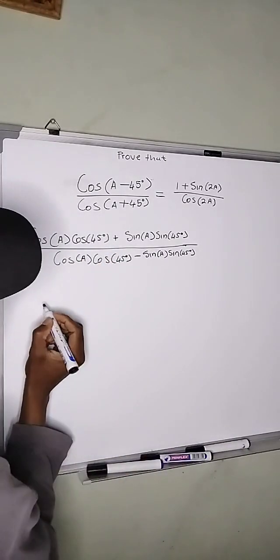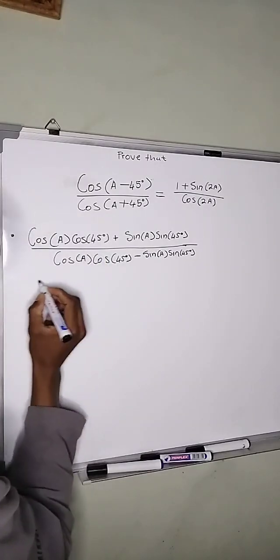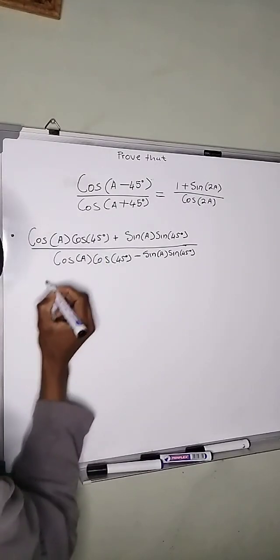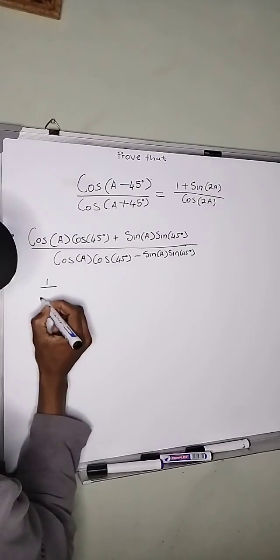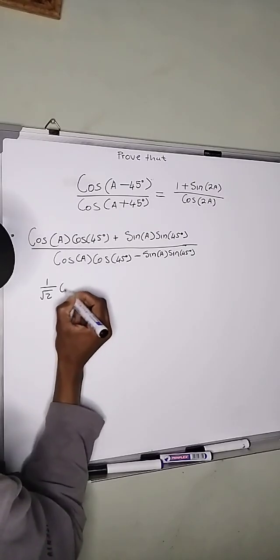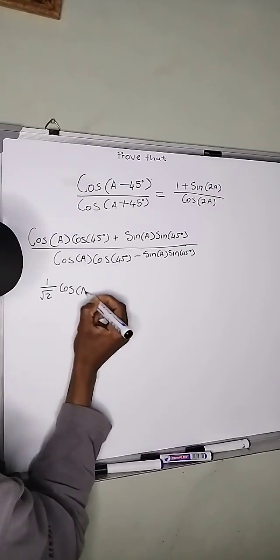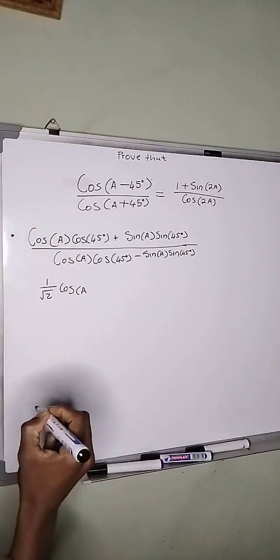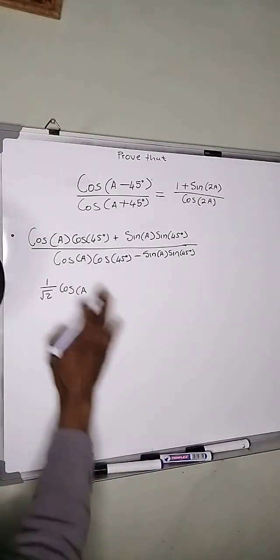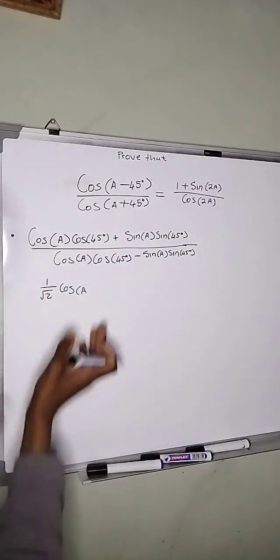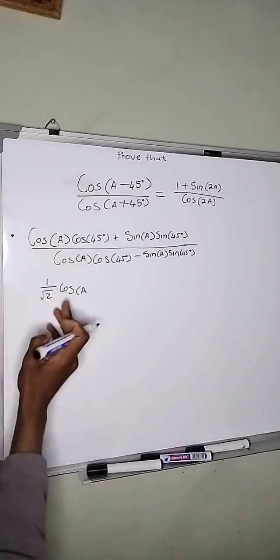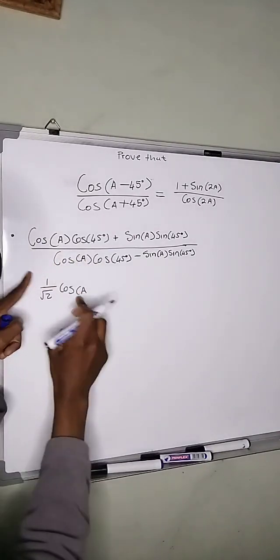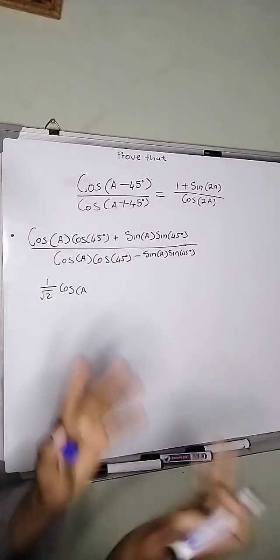So I'm going to have 1 over root 2 cos A. But I'm not going to write it like this. I will take this and multiply it so that it sits on top, because this times that is going to be the same.